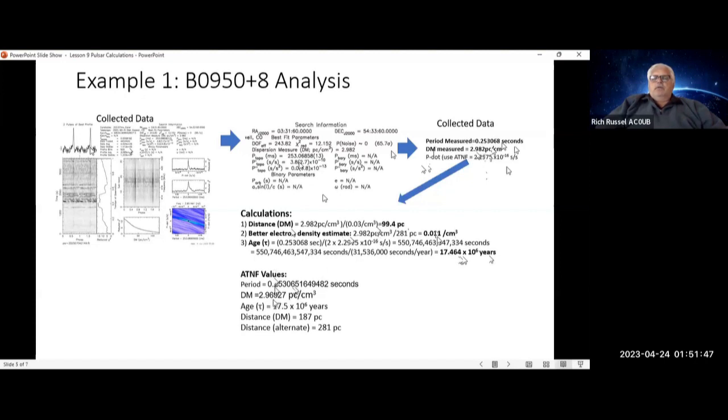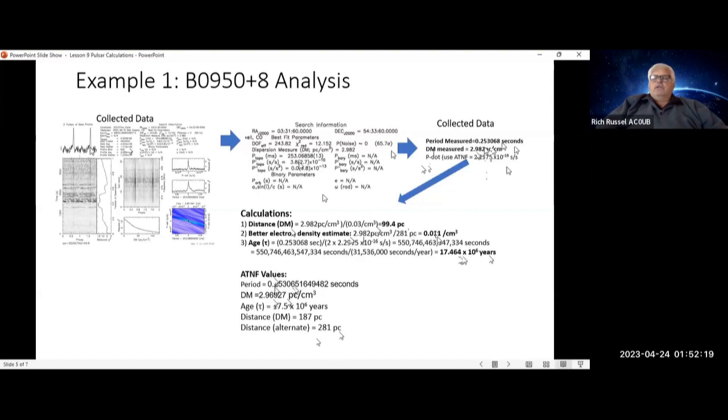The dispersion measure from the ATNF is 2.96927 parsecs per centimeter cubed, and we got 2.982 parsecs per centimeter cubed. That also came out very close. And note the alternative distance, which might have been done by parallax, is 281 parsecs. That is the number I used here.